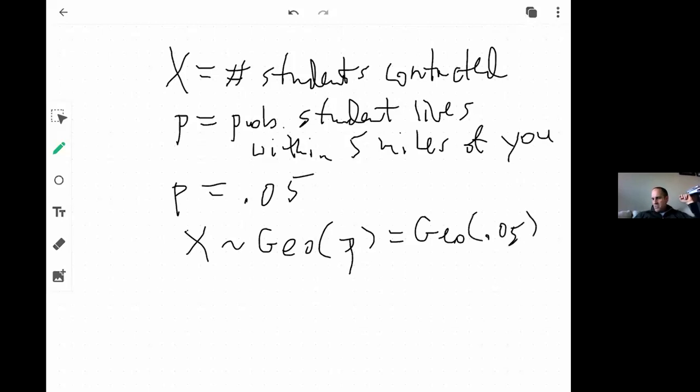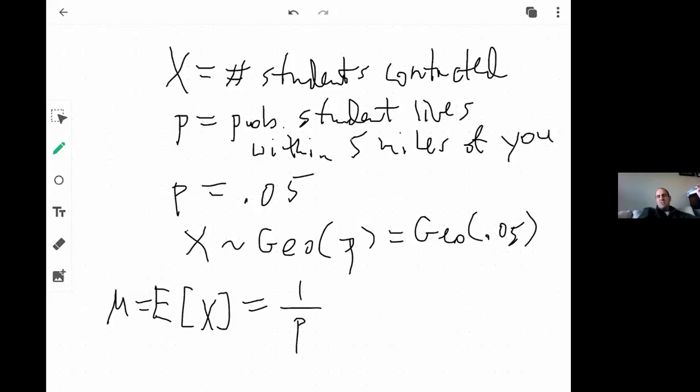Okay, the expected number of students we're going to have to contact, that's the mean. That's 1 over P. Why does 1 over P make sense? Well, think about it.